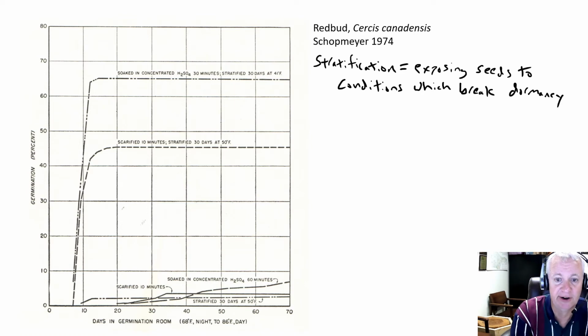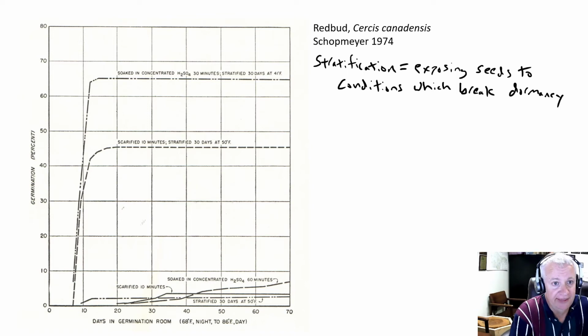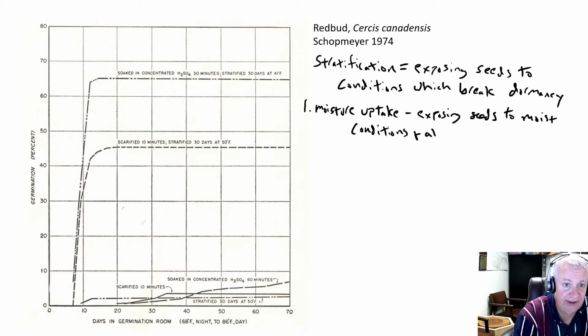Now there's a number of environmental cues that can stratify seed, and it varies from species to species. Probably the most important and most common is moisture content or moisture uptake. So exposing seeds to moist conditions and allowing them to take up water.